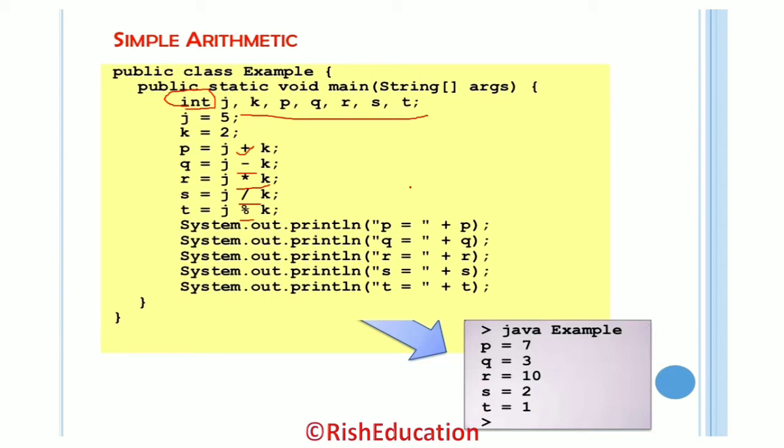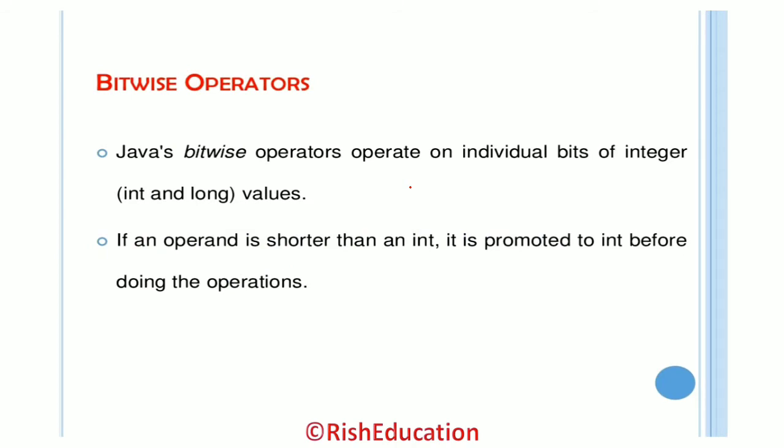Now let us come to bitwise operators. Java's bitwise operators operate on individual bits of integer values. So it is important: individual bits of integer values. A bitwise operator only acts on the individual bits of an integer.